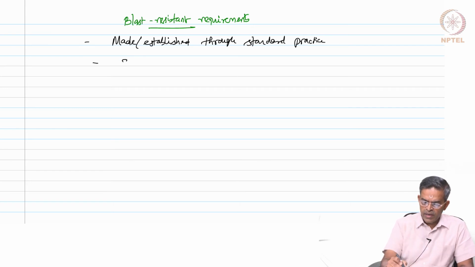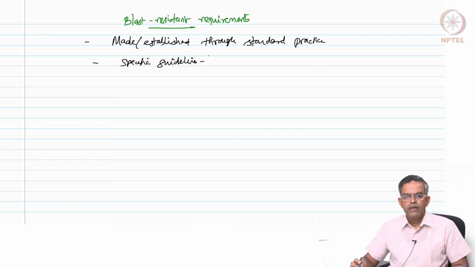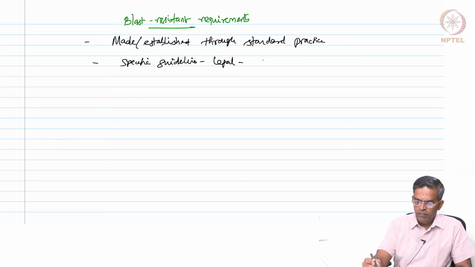There are specific guidelines issued by the Factories Prevention or Protection Act, which are legal, which should be followed.